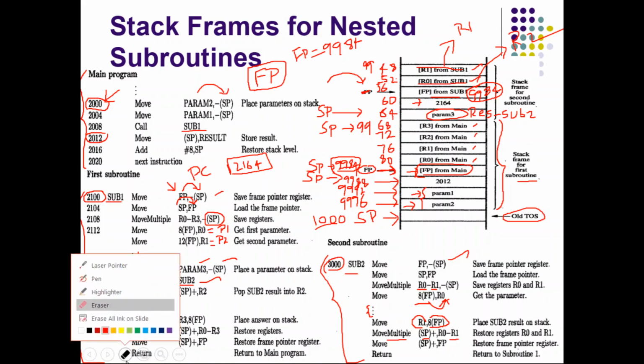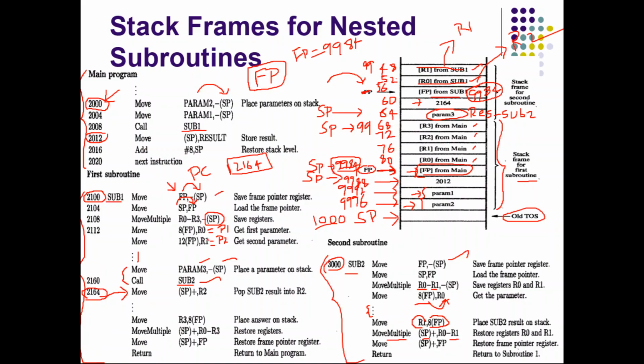Fine. Now PC is 2164, so the instruction at 2164 will execute. Again it is popping some parameter. It is move SP plus R2.